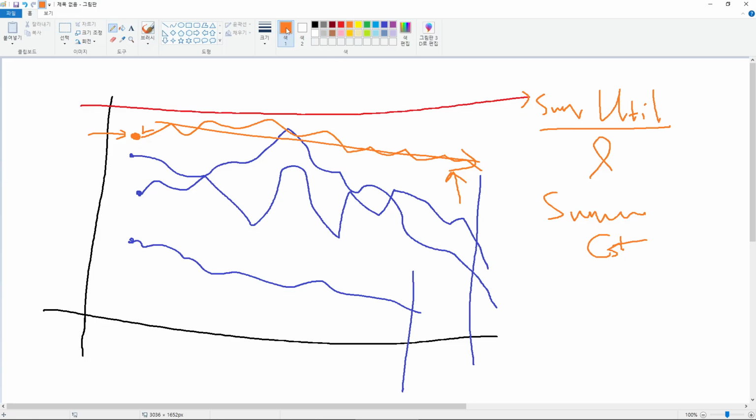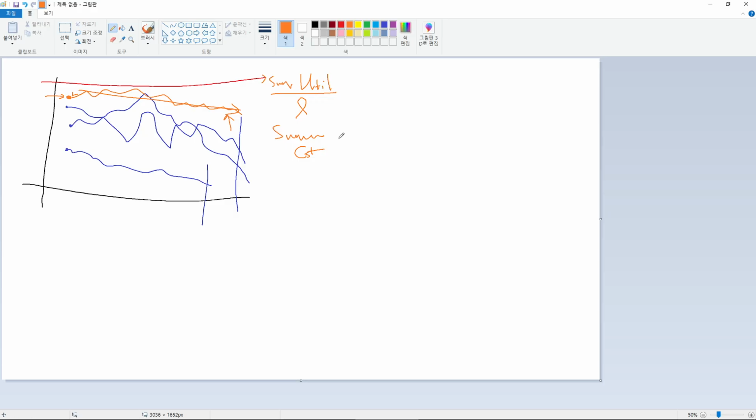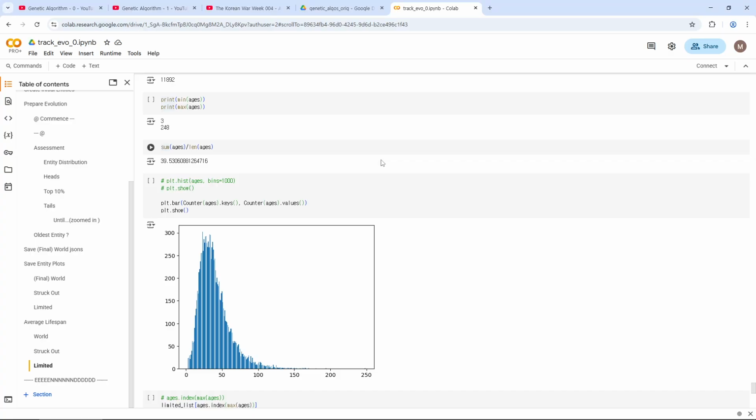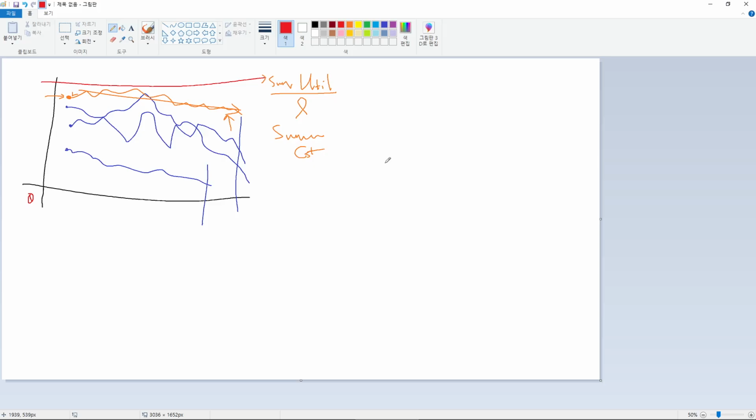So the goal that I would set, the goal in my mind, is that I would like to have more entities with a slope that goes upwards, an upward slope, something like this, more than how I have it now.